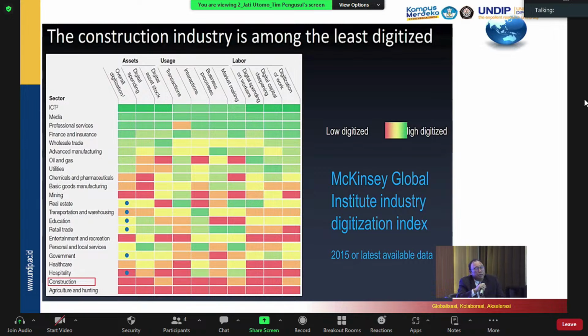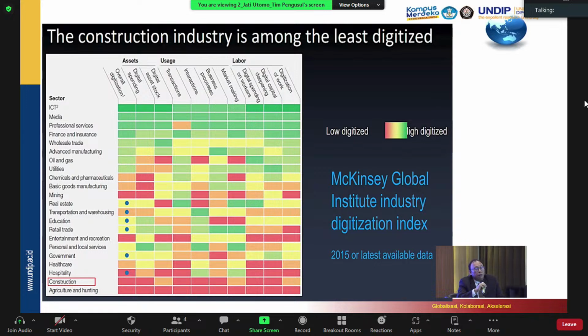Nearly 80% of the players are dominated by medium and low-level companies, and the rest, about 10%, are big projects dominated by big companies. I'm not worried about the big companies, but I'm worried about the smaller companies because the number is so huge, and many of them up to now are maybe not really aware of BIM. So it is a challenge for us in the construction industry to introduce them.